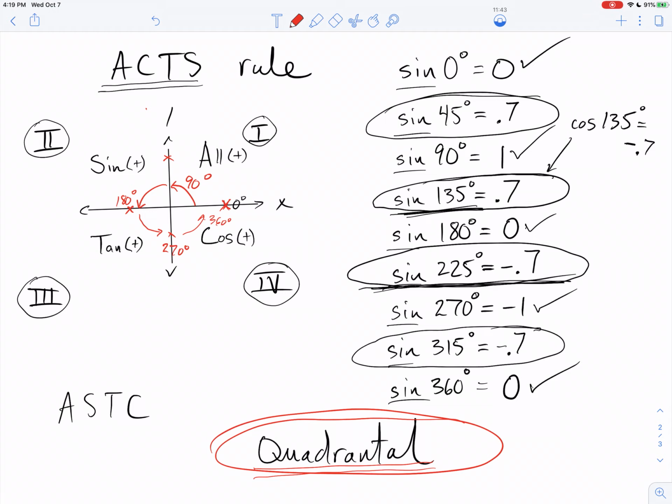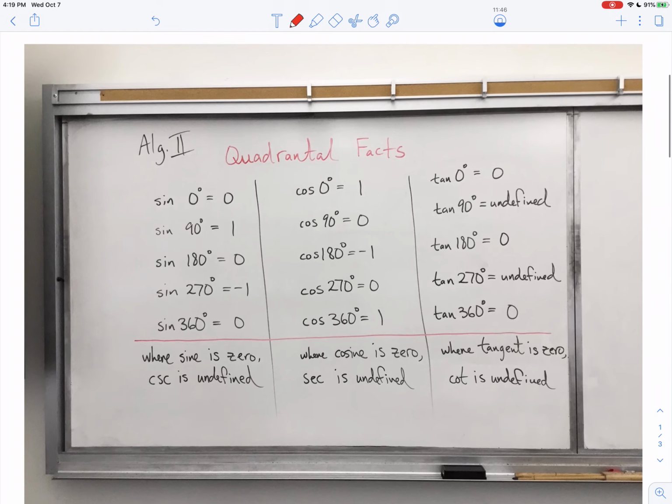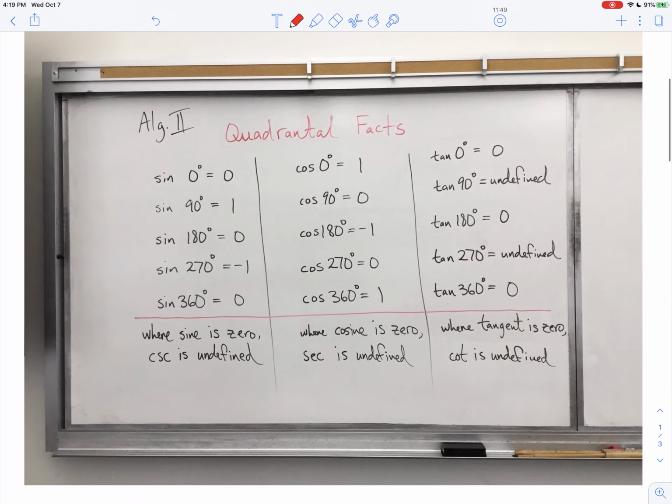And I wrote it down up here. Let me show you. I wanted to give you guys a blast from the past. Hey, look, that's my old whiteboard from the classroom. That's what it would look like if we were in the classroom. And this just says Quadrantal Facts.